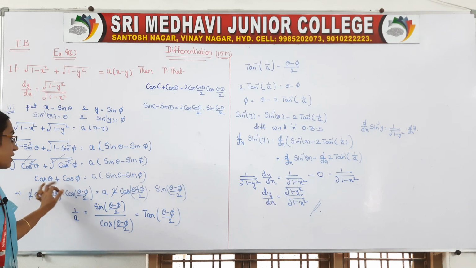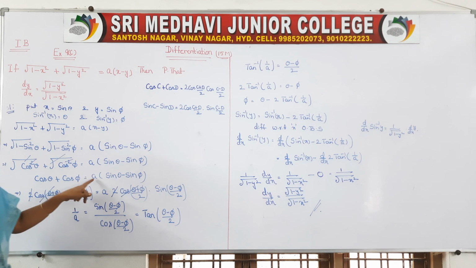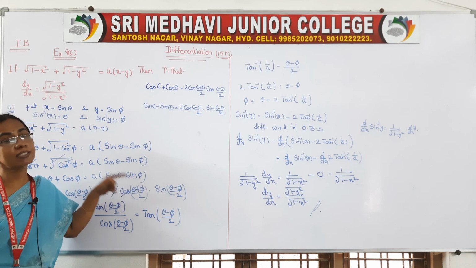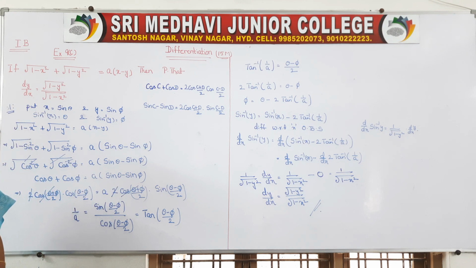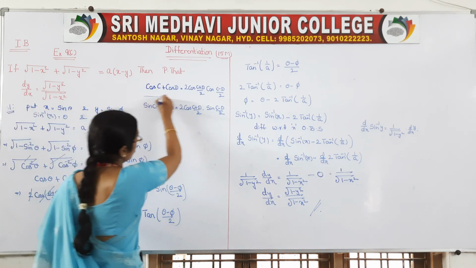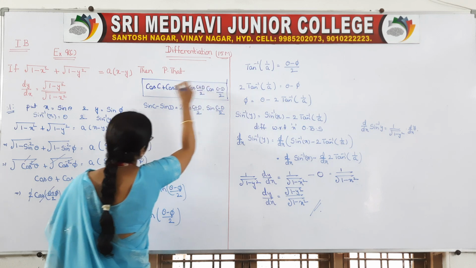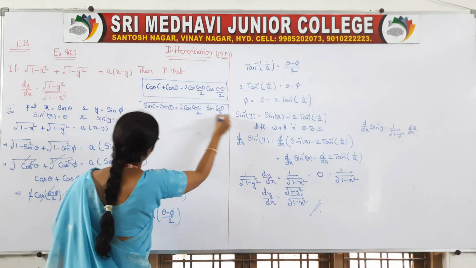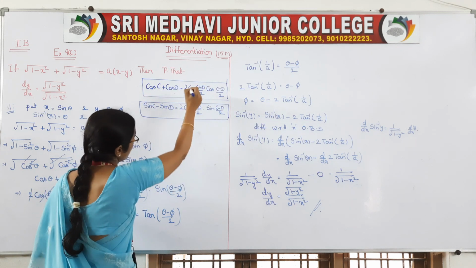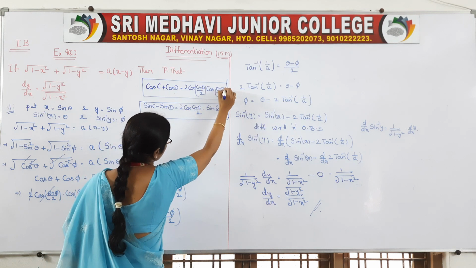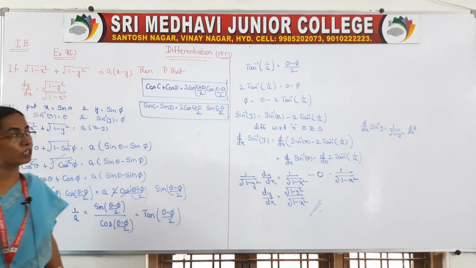Now if you observe this problem, what happens? It is cos C plus cos D form, and here it is sin C minus sin D form. So, trigonometric formulas, right? There is a formula in trigonometry: cos C plus cos D, we can take that value as 2 cos of (C plus D) by 2, cos of (C minus D) by 2.